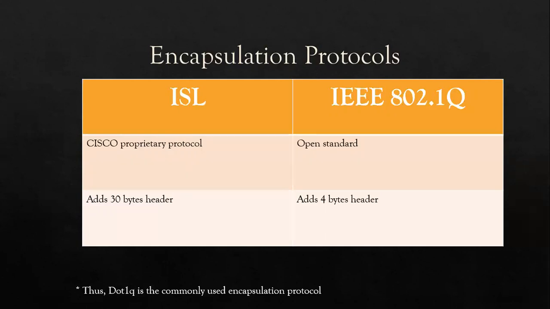That's why .1q is a better protocol: it's an open standard, and the header it adds is not much overhead over the packets or frames. So .1q is the commonly used encapsulation protocol.